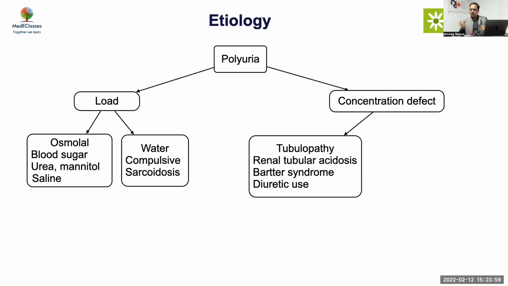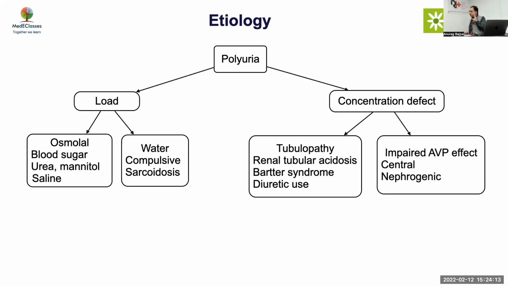It is saying, okay, I don't want that much loss, I will constrict the afferent arteriole. But that would mean there is a renal dysfunction. So long-standing diuretic use will ultimately cause some amount of renal dysfunction. So it is unlikely for tubulopathies to cause polyuria in a sustained state unless you have hypokalemia. So hypokalemia is a major mechanism. And of course, central and nephrogenic DI, which we discussed, are causes there.